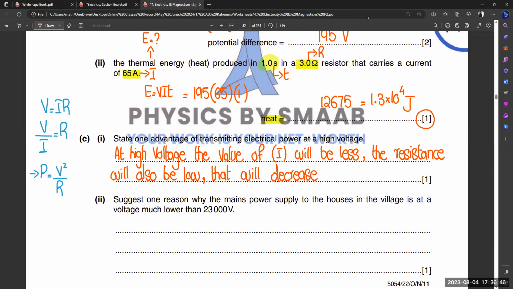We know that from the power station we need to transfer electricity to the village or to the houses. So our main purpose is to make a high efficiency transfer of electricity from the main power plant to the village or to the grid station of our city. That's why we use high voltage, so that will decrease the power loss.